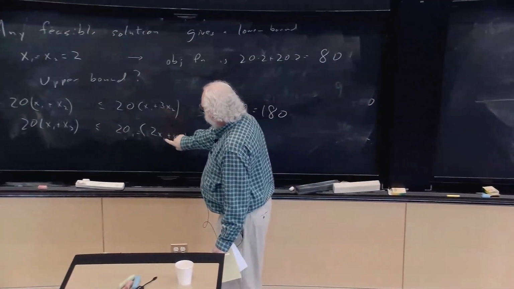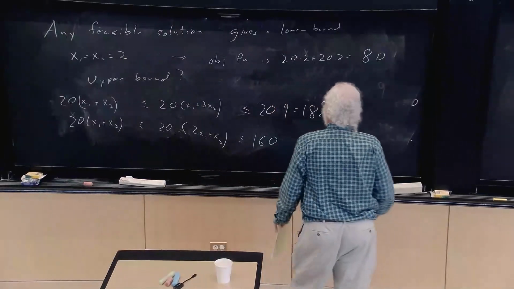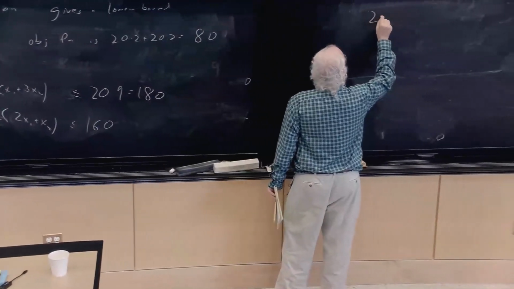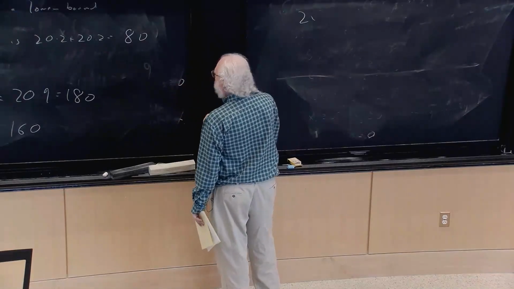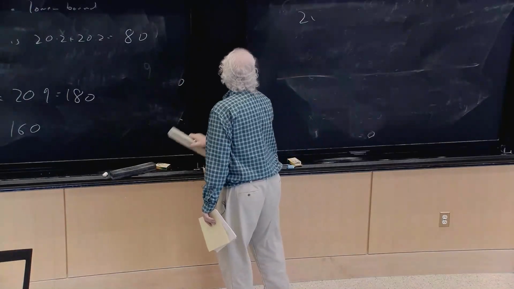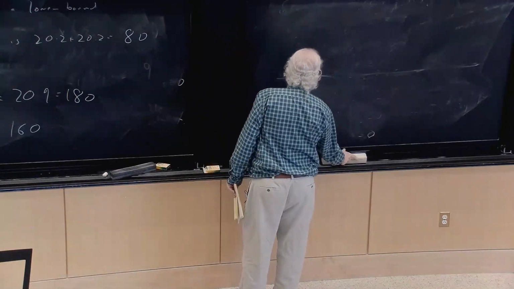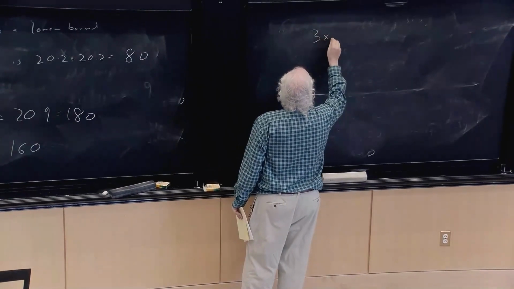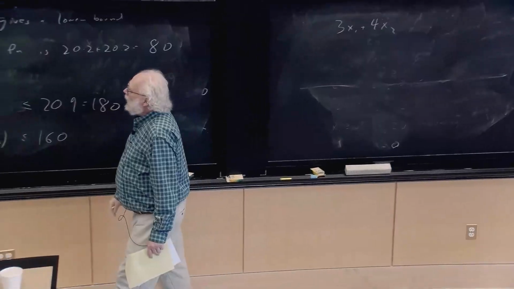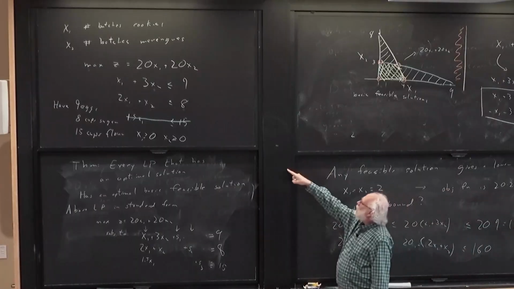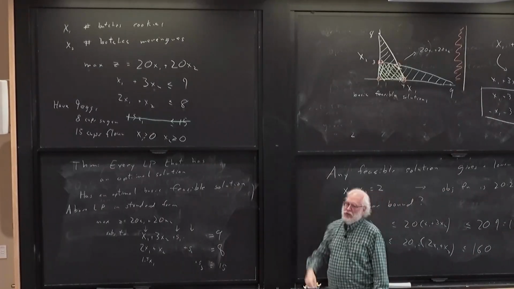Let's add this and this. We have 3x1 plus 4x2. So we're adding these two constraints. It's less than or equal to 17.